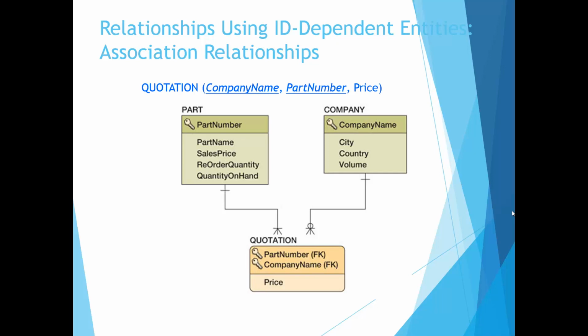Now remember that those are foreign keys that will link this new association table with the two main entities, the part and the company. Then we can add the price within that quote as a new attribute, or actually a new column, with this design. So now we have another column that's been added, and that's why we call it association, which is more than intersection.